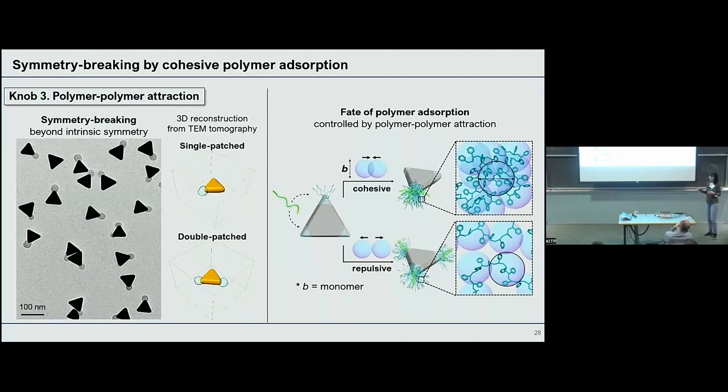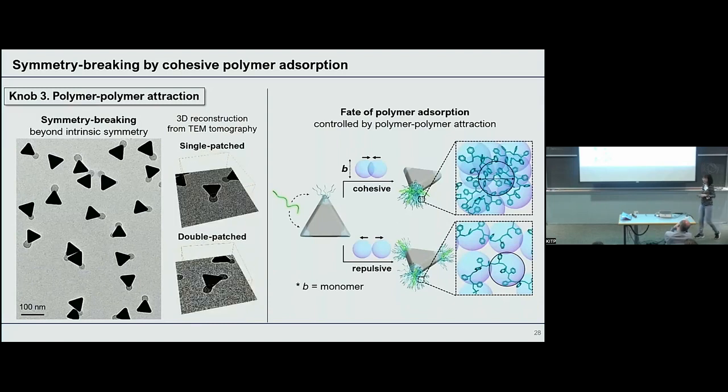Well, when the attraction between the polymers is weaker or even repulsive, that's when they would prefer to evenly distribute over all possible sites. So in some sense, this is like a bandwagon effect. The polymers which stochastically first absorb onto one tip can serve as a recruiter to keep attracting more and more polymers onto the same tip, just like how people will try to conform to other people's opinions.